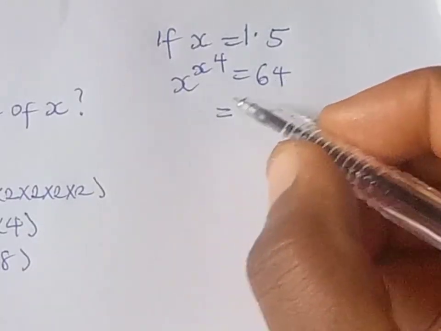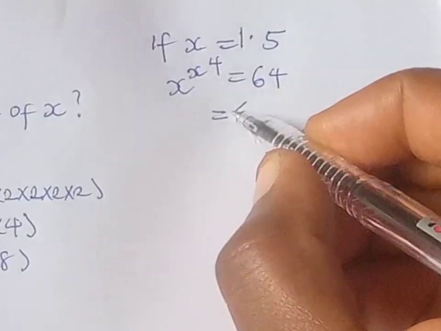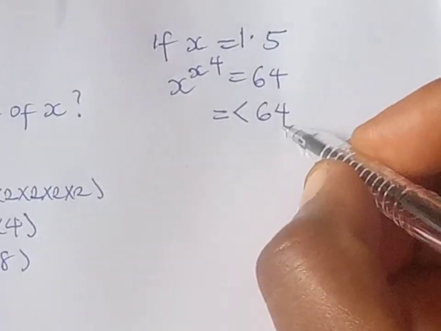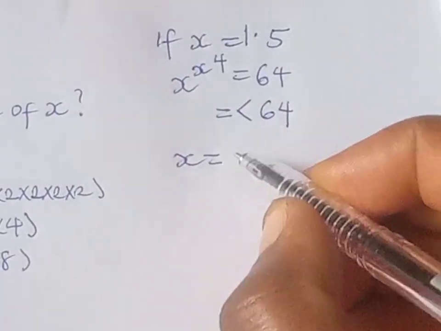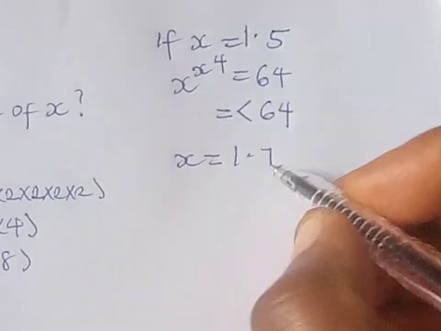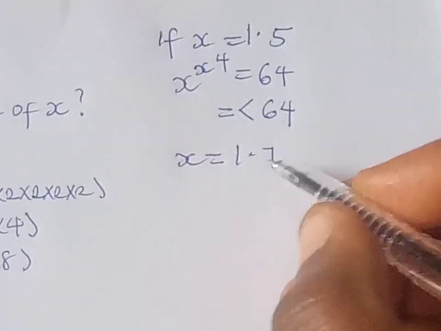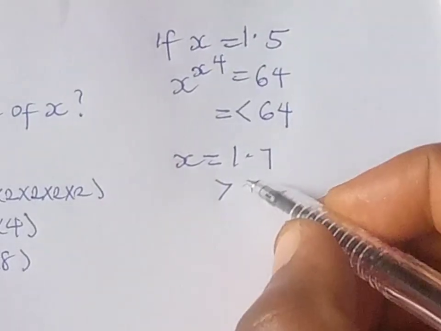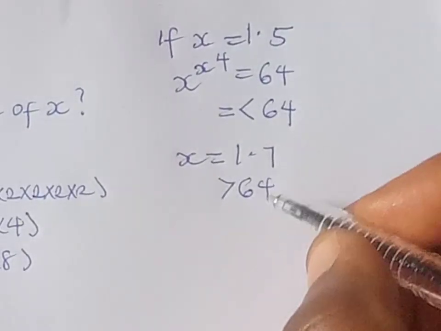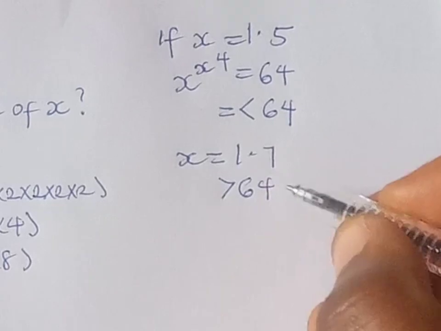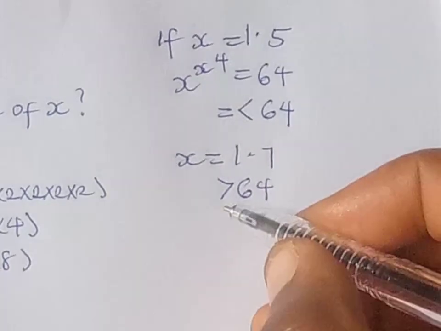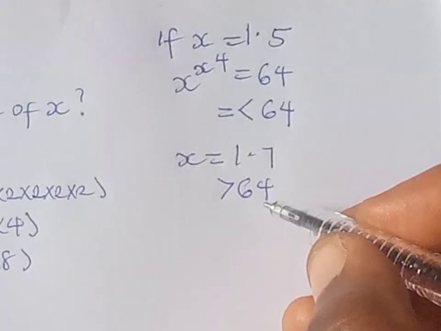Also, if we try x equals 1.7, our result is going to be greater than 64, but we need an answer that is equal to 64.